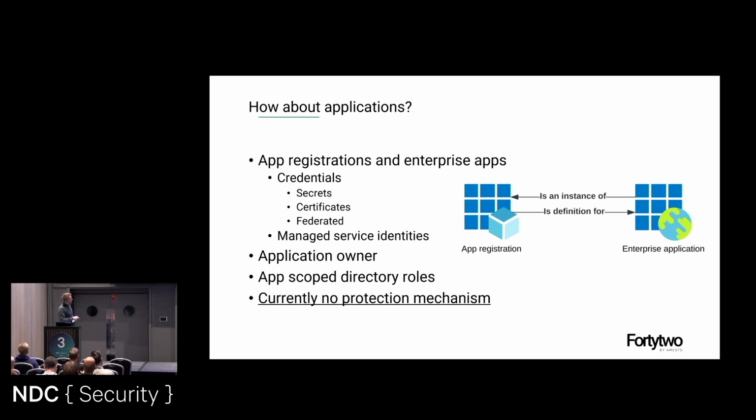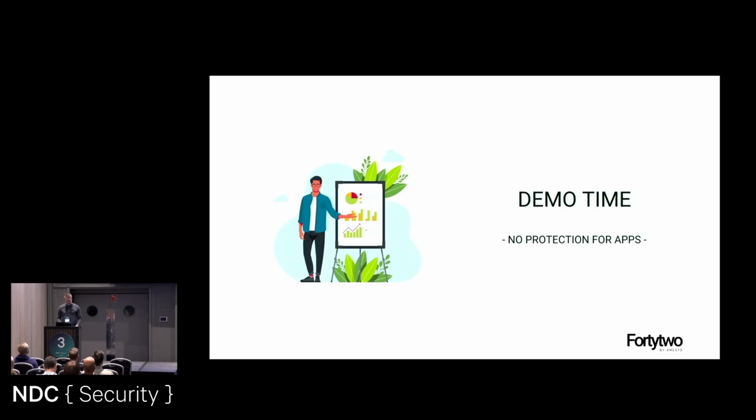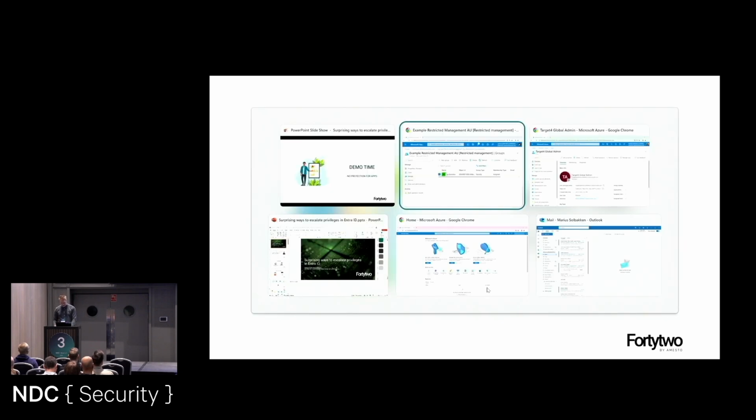As soon as you have consented that this enterprise app has a certain access, then it has that access. You can definitely remove it, but any owner or anything is not affected. So let's have a look at that protection as well.